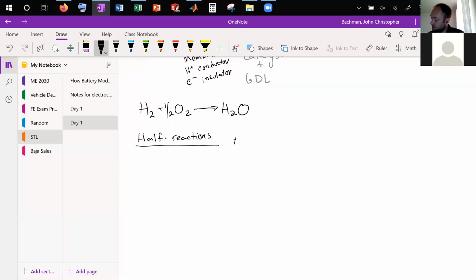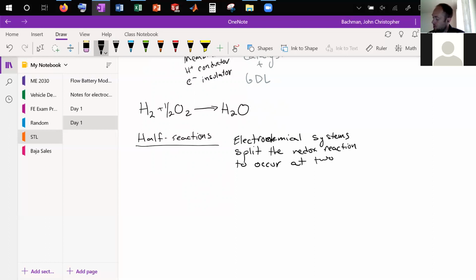So electrochemical systems split, separated in space, and they happen on an electrode surface, so they're homogeneous, or sorry, heterogeneous by nature.